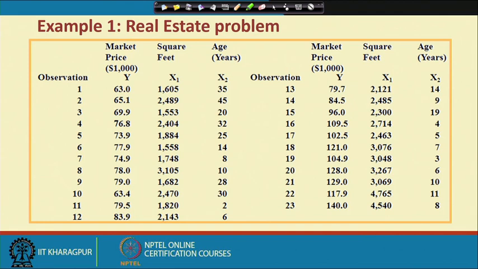This is a real estate problem, and in the real estate problem, every time our job is to predict the housing price, that is the market price of a house, and it is reflected by two independent variables: the size of the house, measured in square feet, and then age, the number of years, depending upon the kind of building construction. So, this can be another variable through which you can do the predictions.